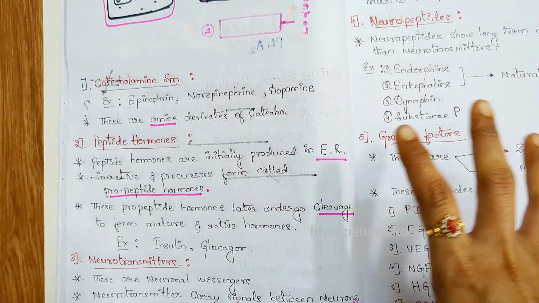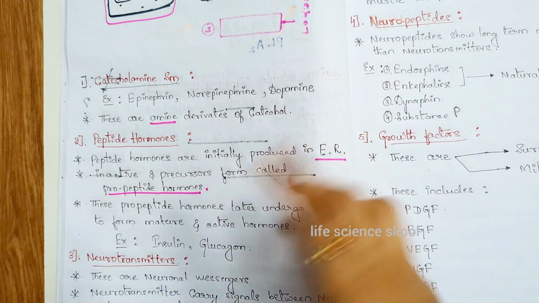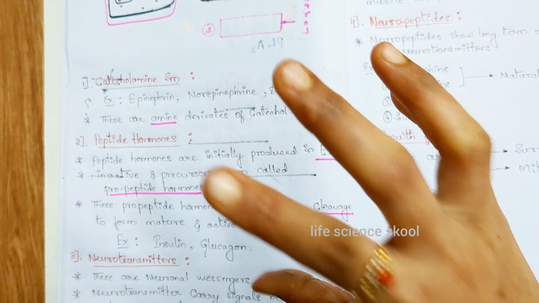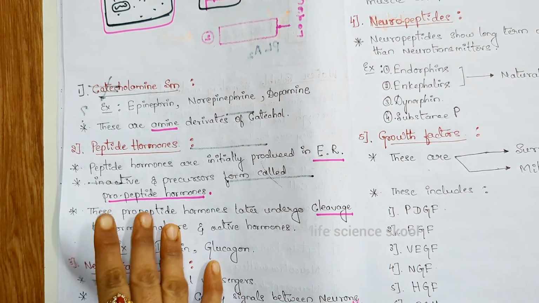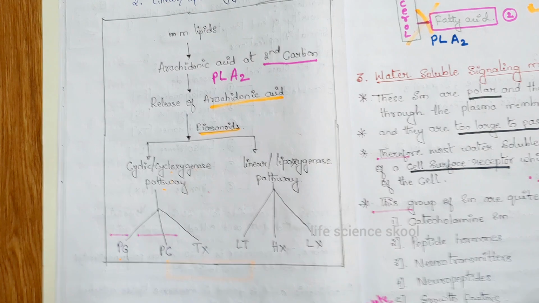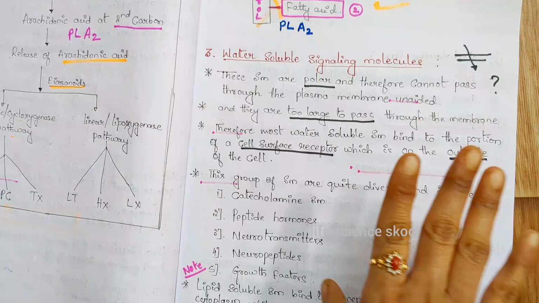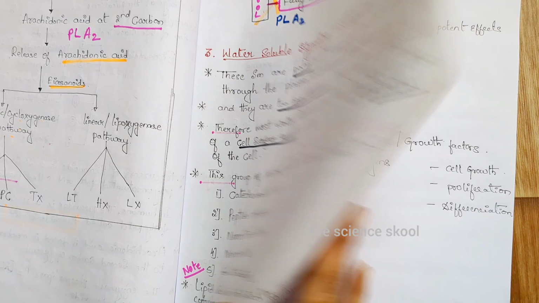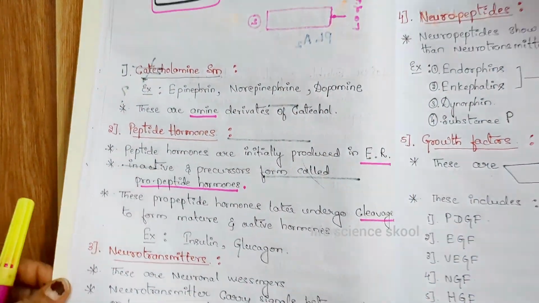All these things can be easily remembered when you know what kind of signaling molecule it is, and what kind of receptor it interacts with. For all these water soluble signaling molecules, the receptor will be a cell surface receptor. Remember, the receptor will be present on the cell membrane. So if you remember all these examples, you can easily remember the receptor.